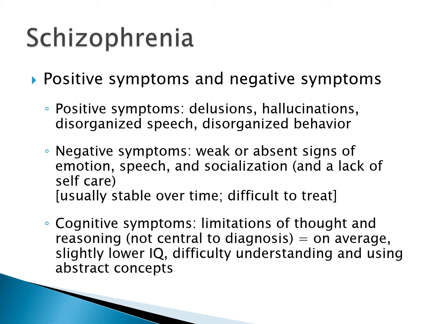They also have cognitive symptoms, which we can think of as negative symptoms, as they have limitations of thought and reasoning that are not central to the diagnosis, but are part of their not understanding a lot of what's going on. On average, they have slightly lower IQ, but again, this is on average, and you might remember the movie Beautiful Mind, about John Nash, who was brilliant, right? A brilliant mathematician. And so on average, they have a slightly lower IQ.